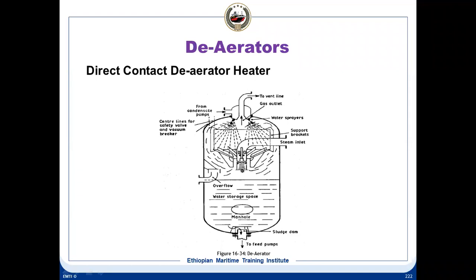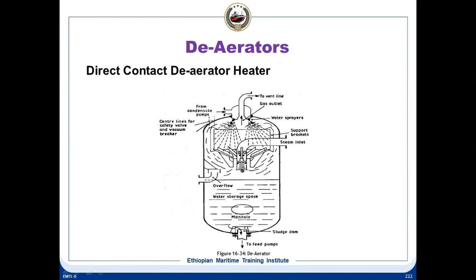As we have already seen, dissolved gases, especially oxygen and to a large extent carbon dioxide, are not good for the boiler. They will cause corrosion and erosion in the steel casing of the boiler, the pipes, etcetera. So on these kinds of ships, we fit a deaerator.